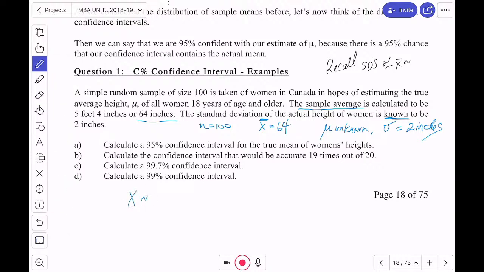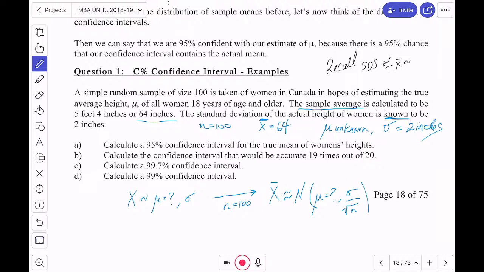Given X with a mean of mu that is unknown, sigma known, and we don't know the shape, but because n is equal to 100, which is greater than 25, we know that the sample means come from a distribution that is approximately normal, or regular or predictable, with the same mean, even though it's not known, and a standard deviation that's smaller, like this.